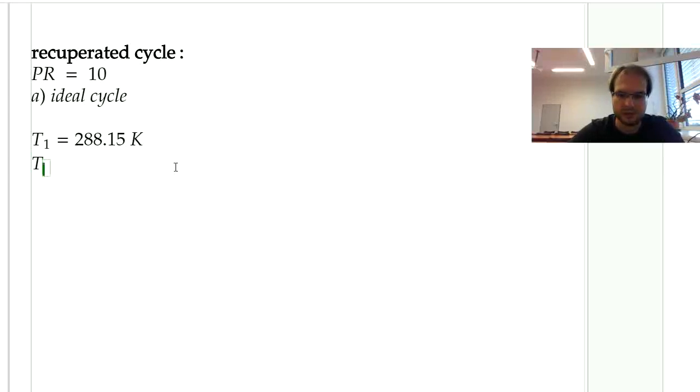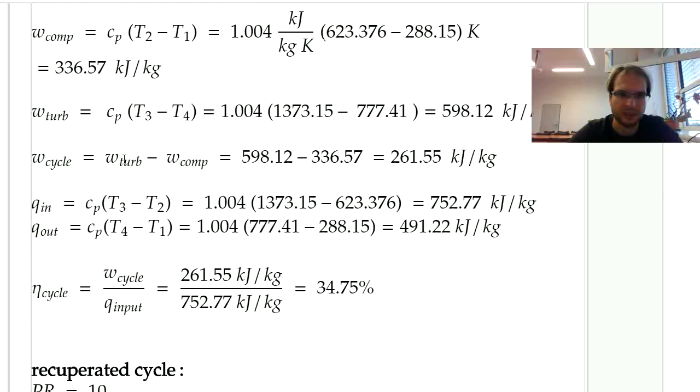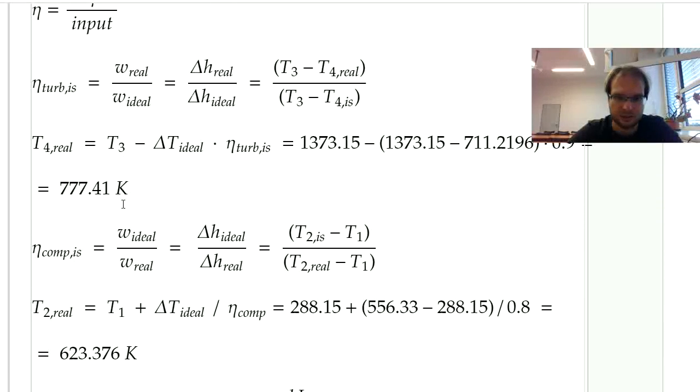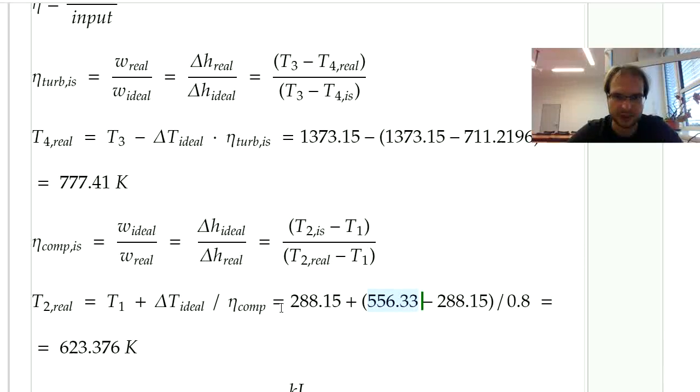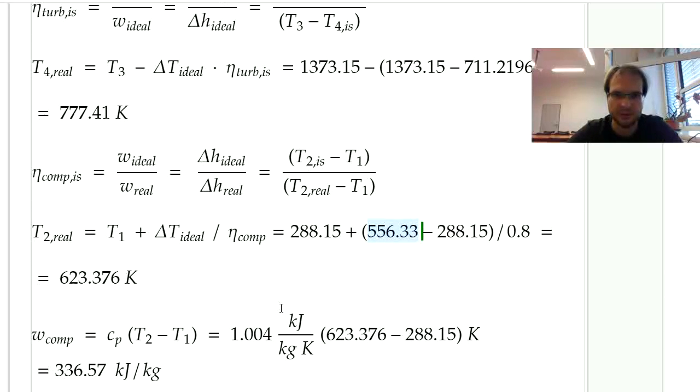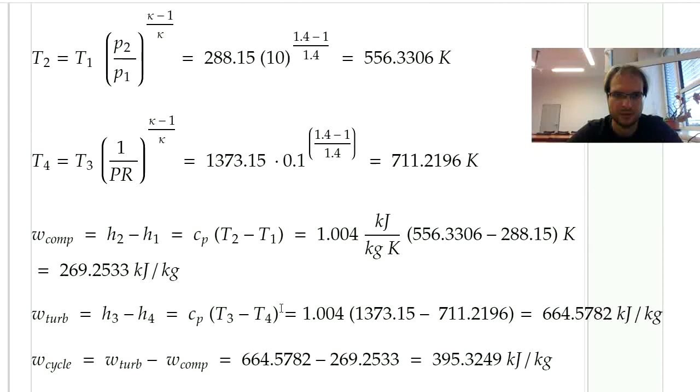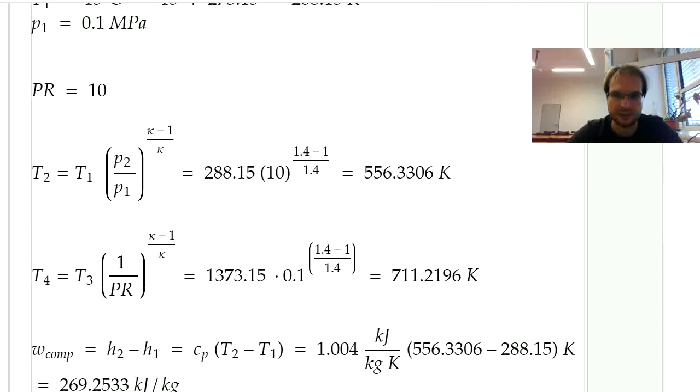Temperature number 2 after the compressor, since the compressor operates with the same pressure ratio and with the same starting point, will also be the same. So we can go back to get the temperature after the ideal compression, temperature T2, 556.3 kelvins.